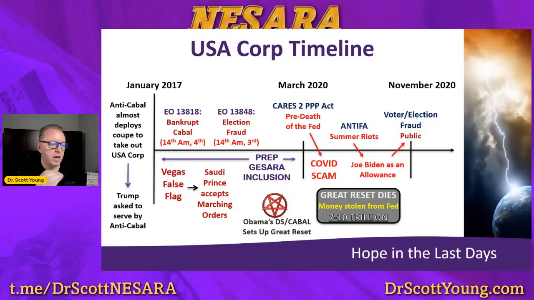And we see that the money stolen from the Fed, and this is what had to happen, the $7 to $10 trillion, more than has ever been taken out of the Federal Reserve, has been taken out and put to their pet projects. It's because they are desperate, because the money has not been flowing in from the normal sources. So they had to bring it out of the Fed.